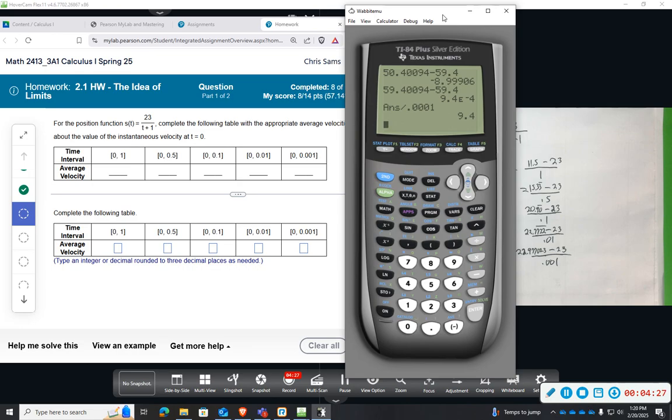So we're going to do 11.5, take away 23, and if we divide by 1, we get negative 11.5.